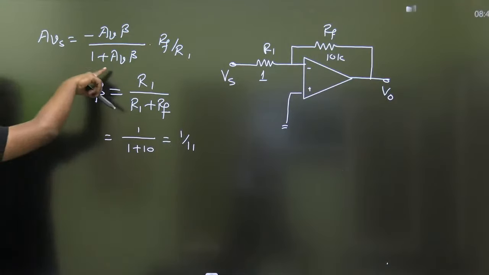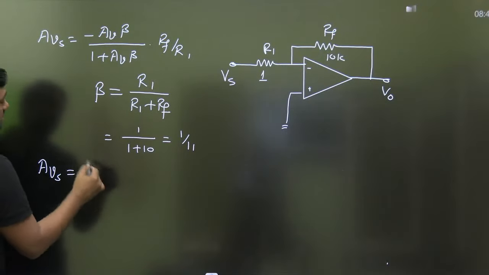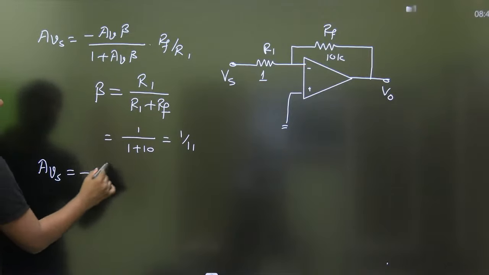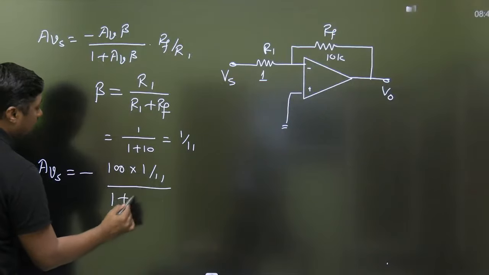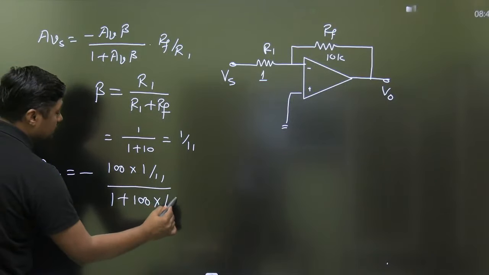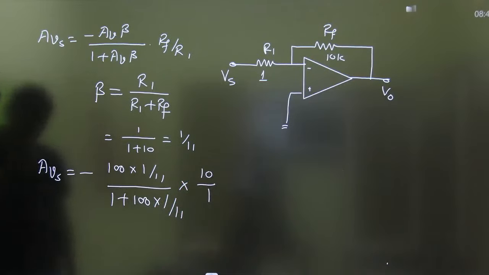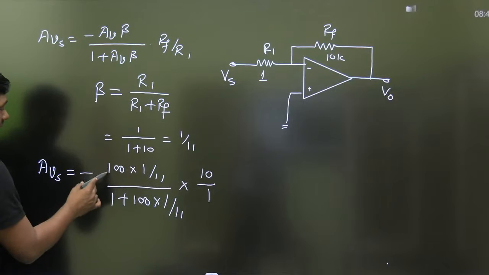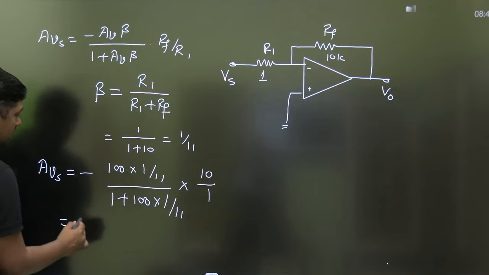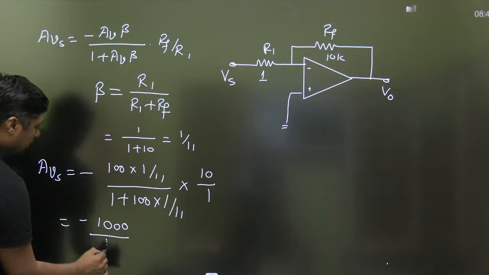And then AOL, 100, is given in the question, so we can write directly AVS is equal to minus, 180 degree phase shift, minus sign, 100 into 1 by 11 upon 1 plus 100 into 1 by 11 into RF by R1, 10 divided by 1. Now you can find the value: minus 100, the 11 cancels, minus 1000 divided by 111.